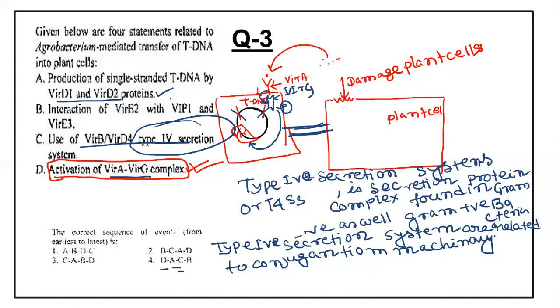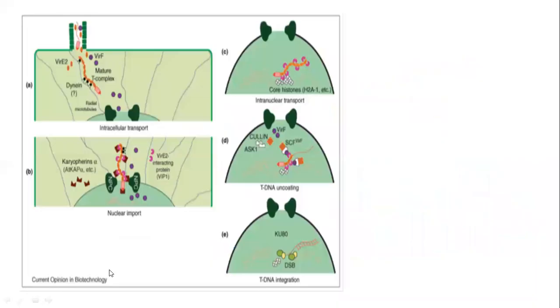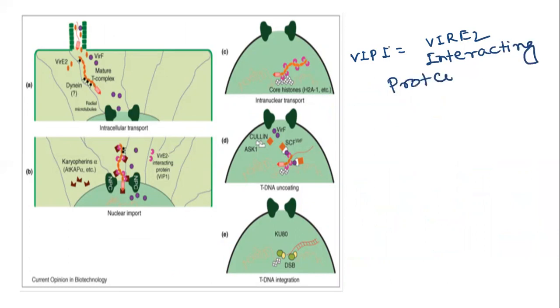And now B, integration of VirE2 and VIP1 and VirE3. Now VIP1, what do we mean by VIP1? VIP1 is the VirE2 interacting protein 1.